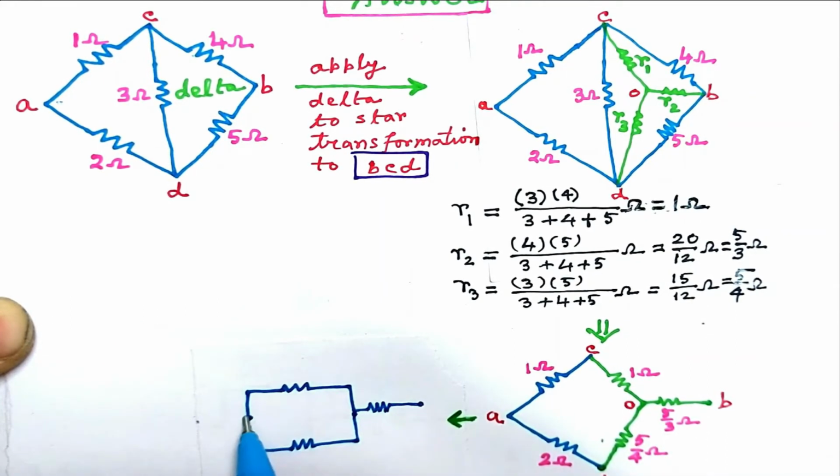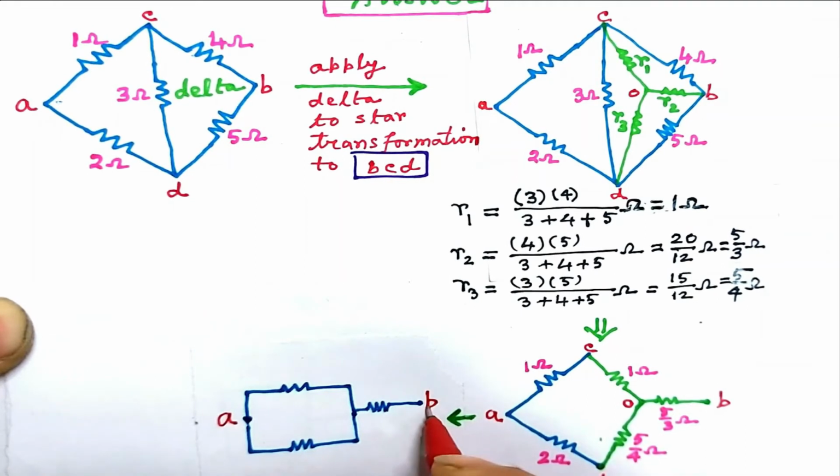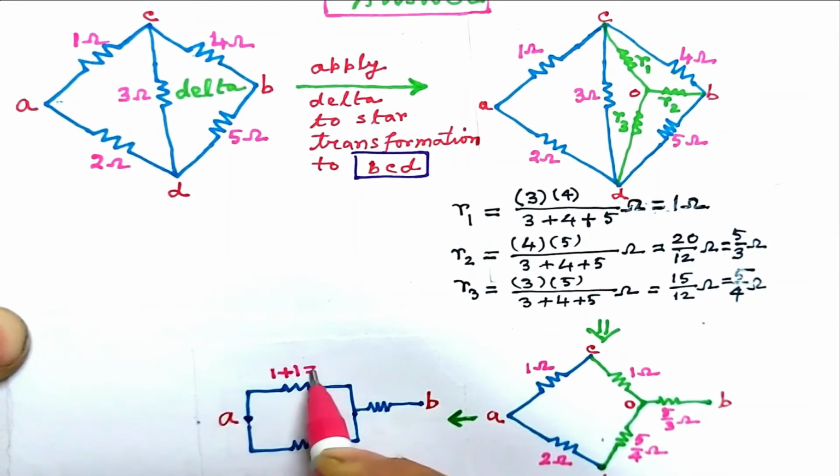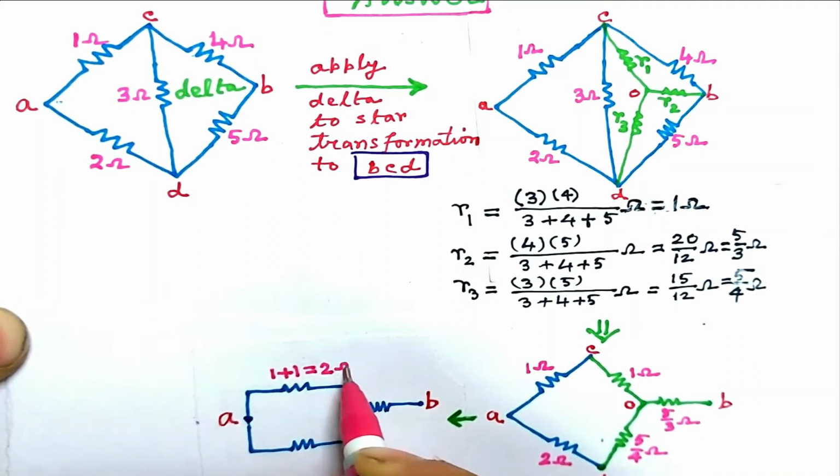This is terminal A and this is B. In the branch ACO, we have two resistances, 1 ohm between AC and 1 ohm between CO. They are in series. So this resistance is a series combination of 1 ohm and 1 ohm. So this is 2 ohm.